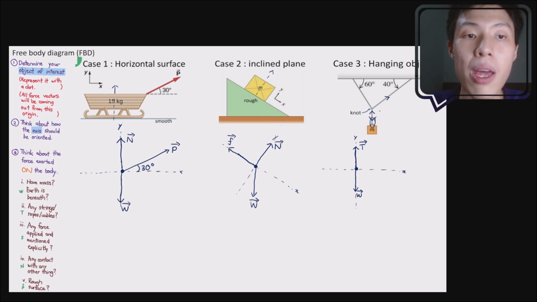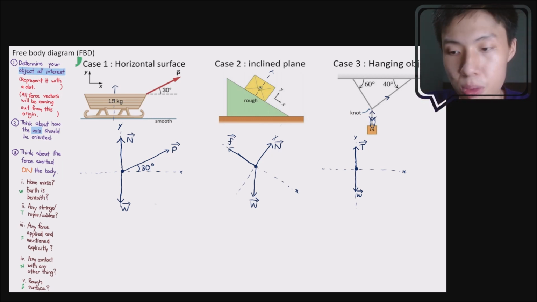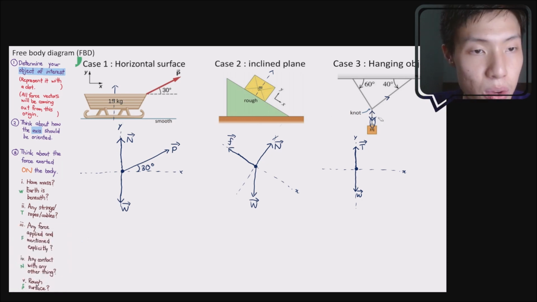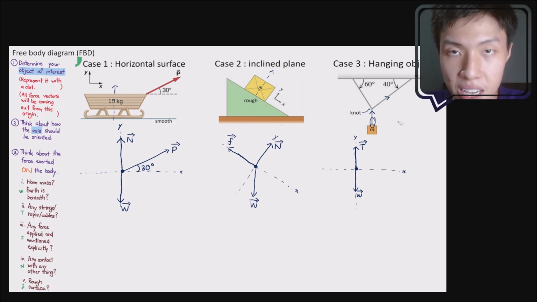But the second thing about the direction is it must be pointing away from the object. Along the rope, away from the object, and since away from the object, we remove this one because away is pointing upwards in this case. Okay, so we are done with our second question.